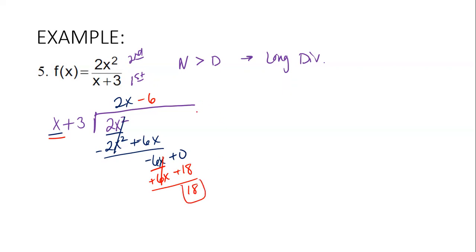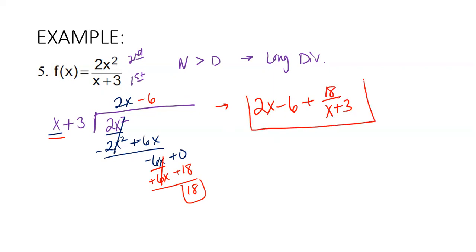And how do we write our remainder? Exactly. So therefore, my quotient is 2x minus 6 plus 18 over x plus 3. And that is your proper rational. Your remainder is always over your divisor.